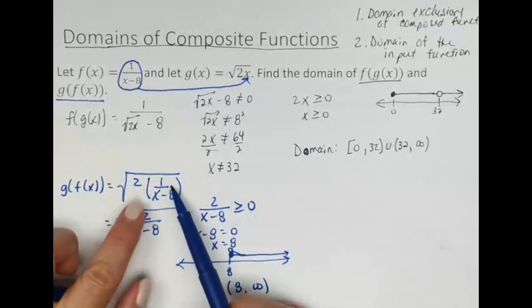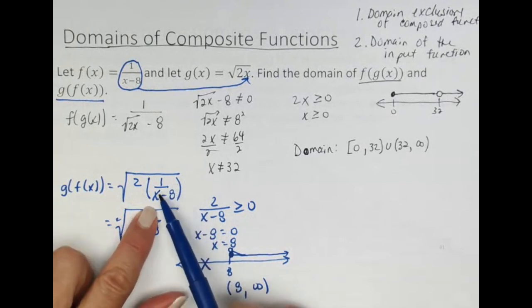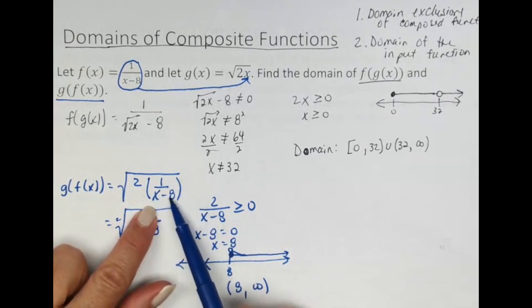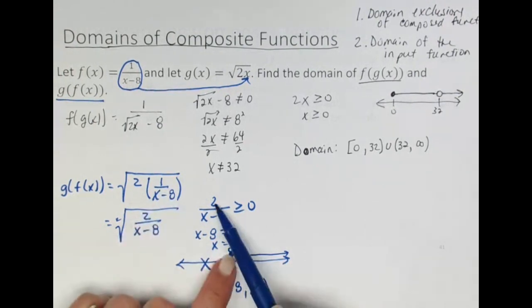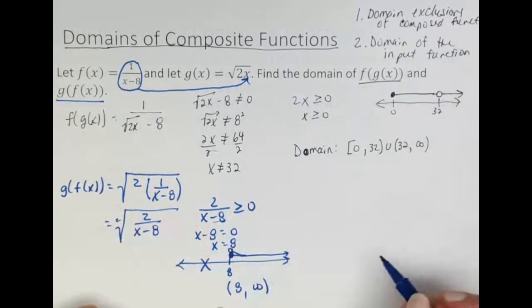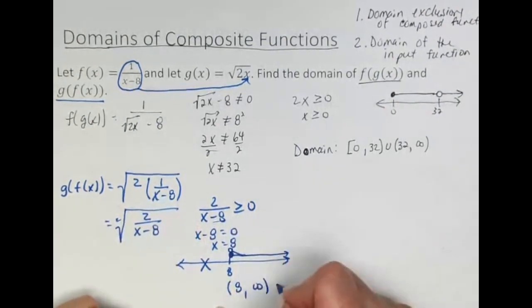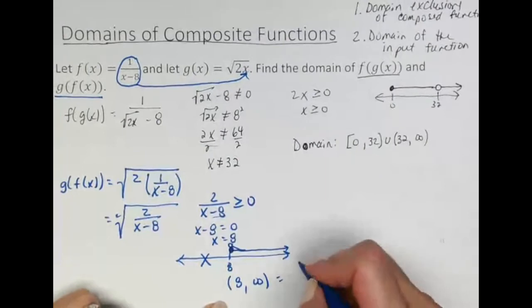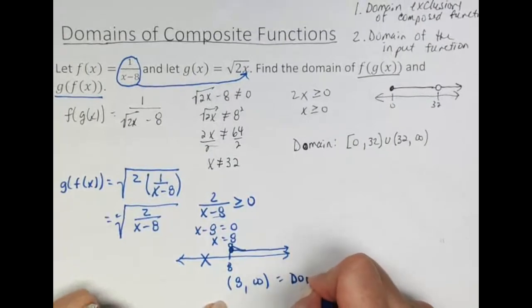Well, the inside function, the function I'm composing into g, is 1 over x minus 8, so 8 is the value that needs to be excluded. I've already got it excluded because I noticed up here that I couldn't use it. So we're already good here. It can't be 8. So my domain is simply 8 to infinity.